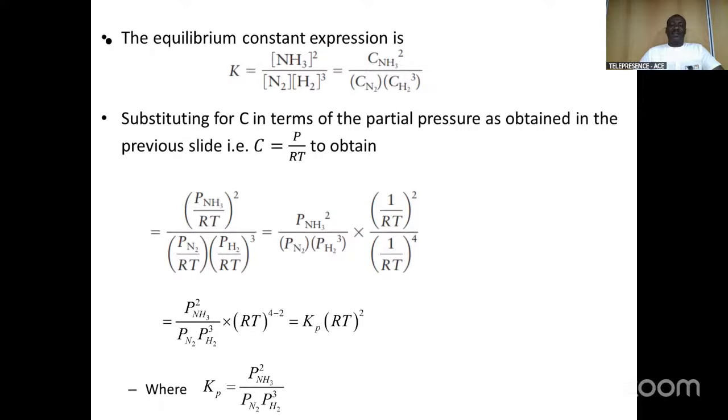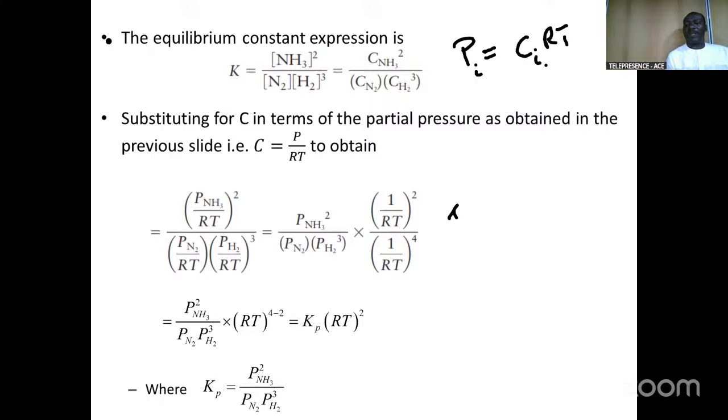Now, if the gases involved here are behaving ideally, we can use the assumption by substituting for concentration in the ideal gas equation. In the ideal gas equation, we have written that Pi is equal to Ci RT, where Pi is the pressure of the individual species and Ci is the concentration of the individual species.